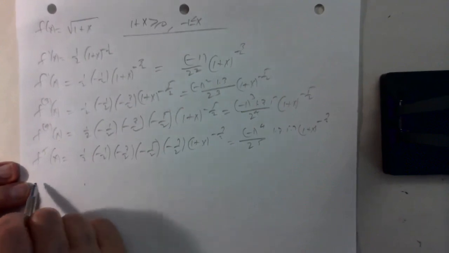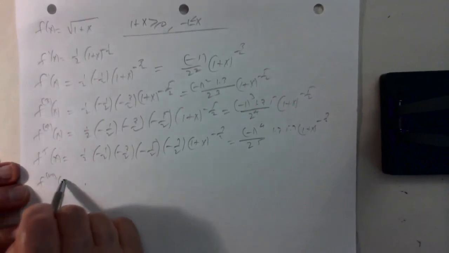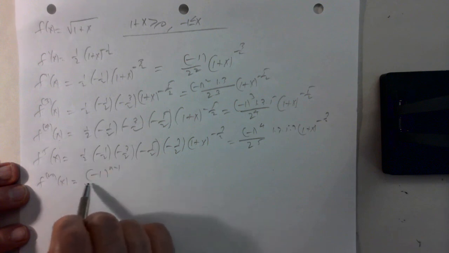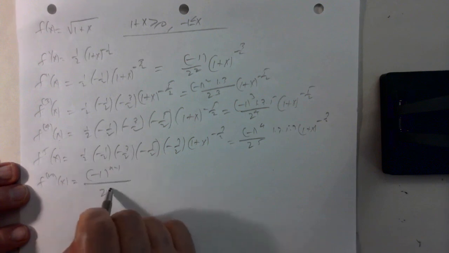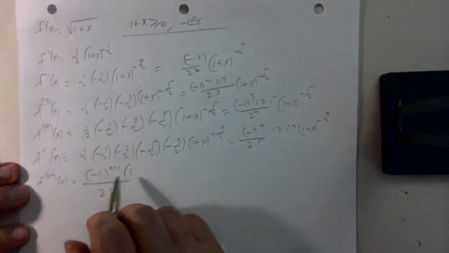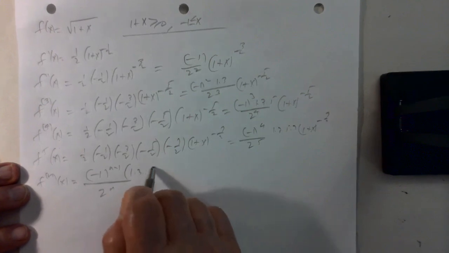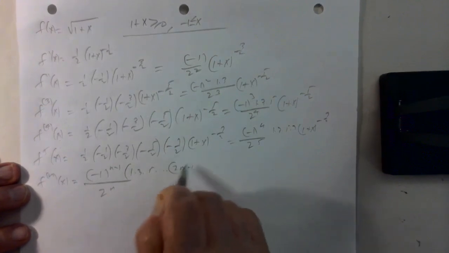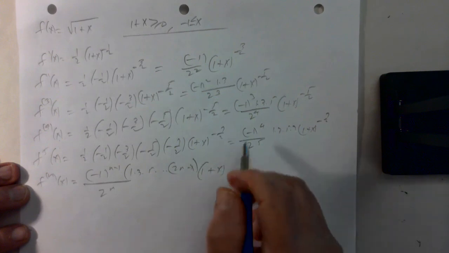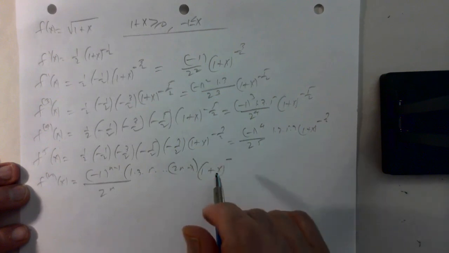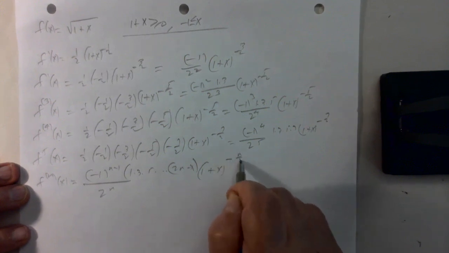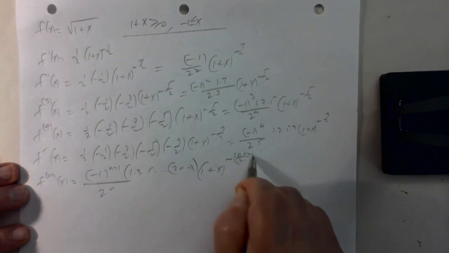If you wanted to make a nice guess, you would say the nth derivative was equal to minus 1 to the n minus 1, over 2 to the n, times the product of the first n minus 1 odd numbers, times 1 plus x to the minus (2n minus 1) over 2.